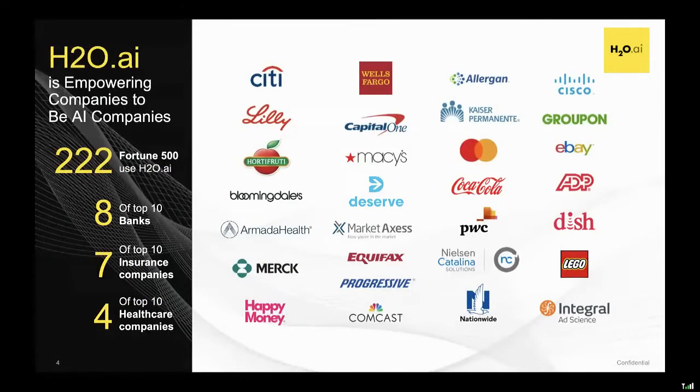As you can see, almost half of the Fortune 500 use us. So we're talking about some really recognizable names. And 8 of the top 10 banks and the top 10 insurance companies use us.